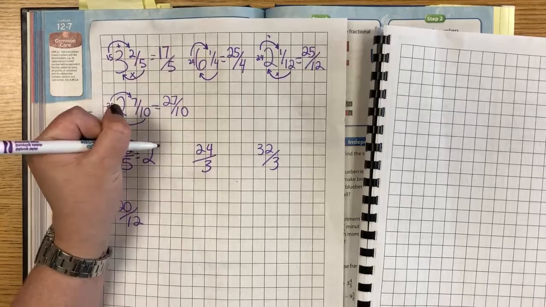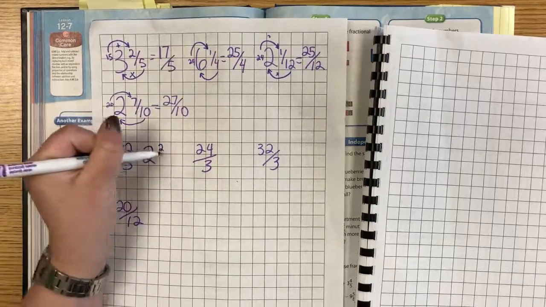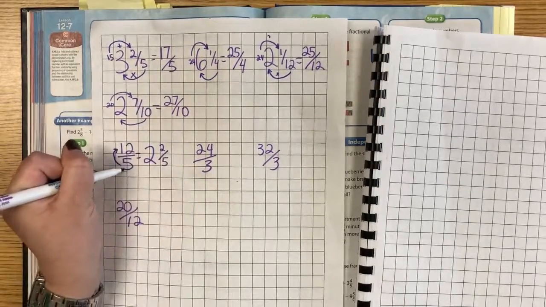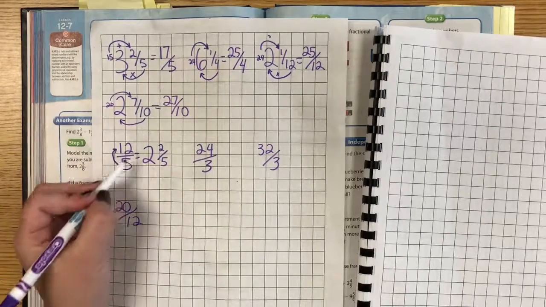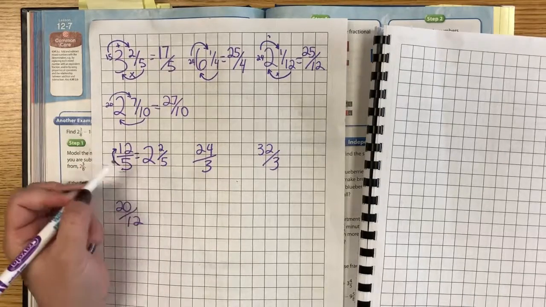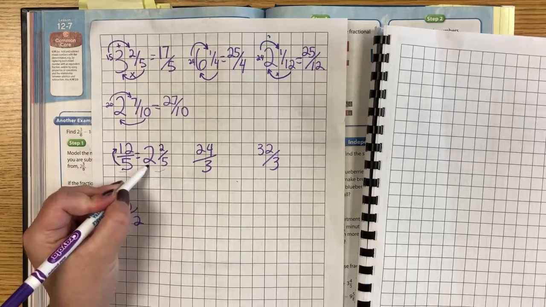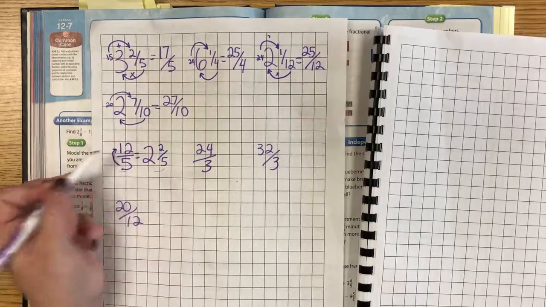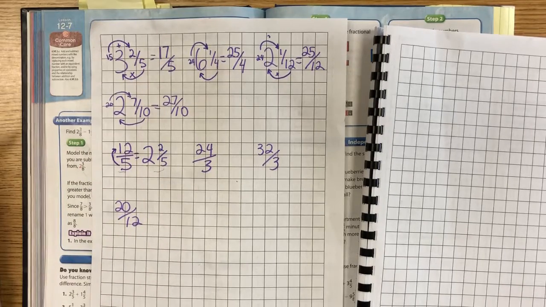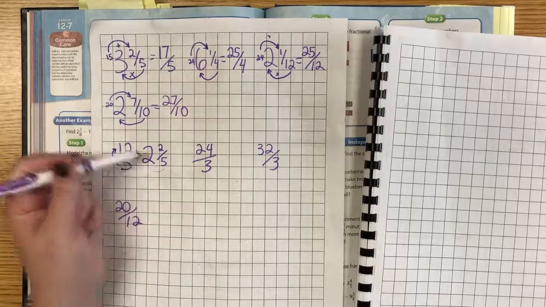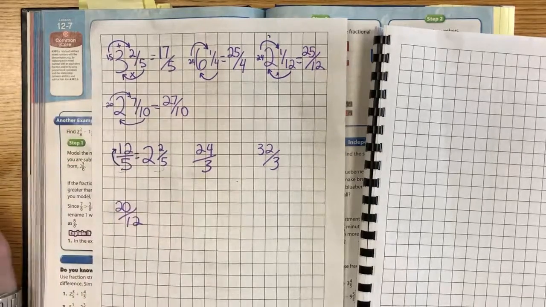So I write my 2 up here. And then I bring back my denominator because that never leaves. If you're unsure if you did it right, check yourself. 5 times 2 is 10, plus 2 is 12. 12 fifths.